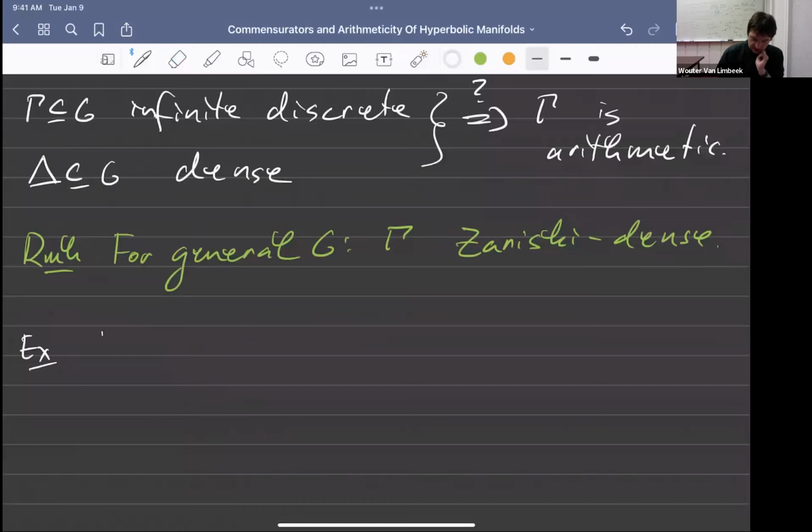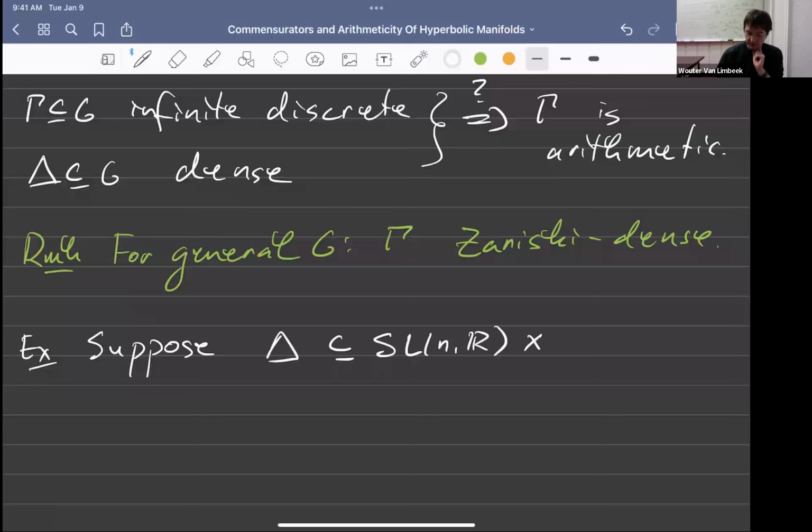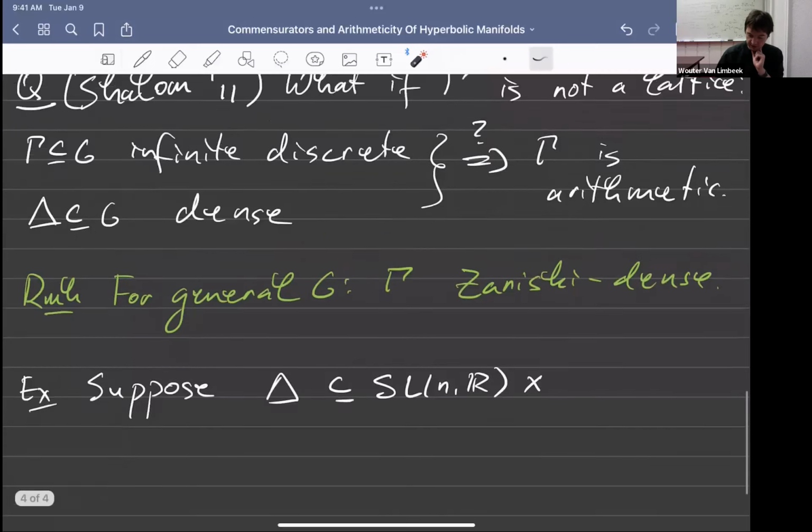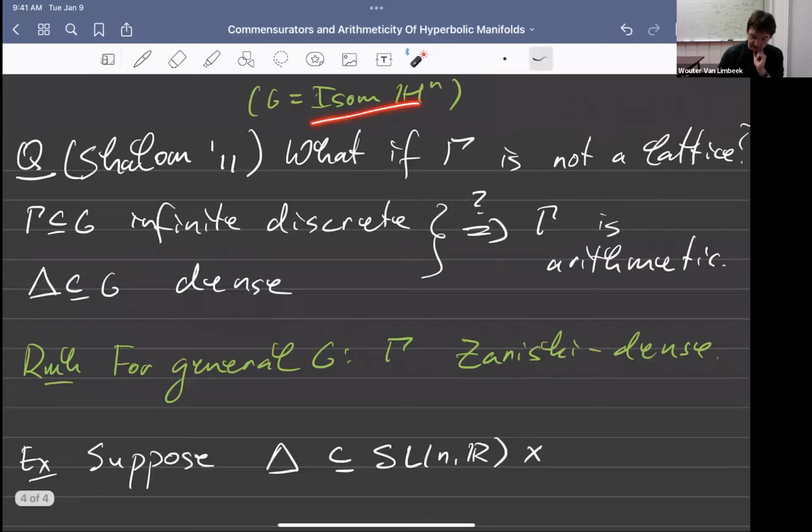So suppose you were in the following situation. Suppose you had delta inside a product, SLN(R) cross, or really it could be isometries of Hn, I don't care.